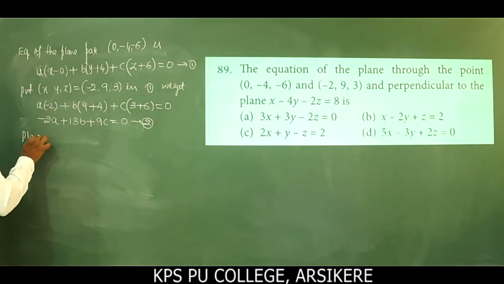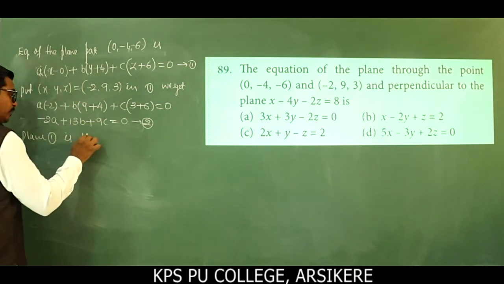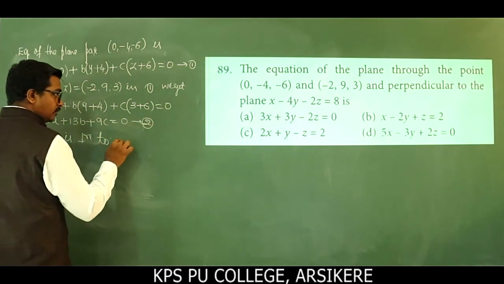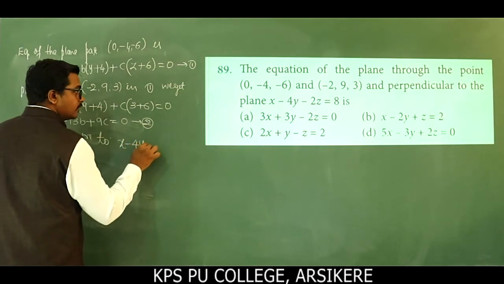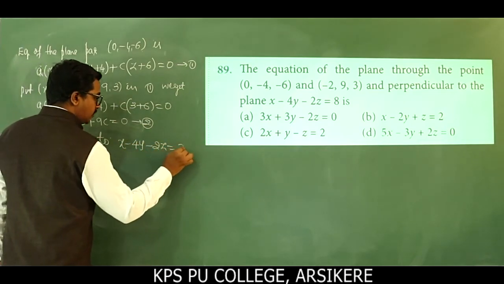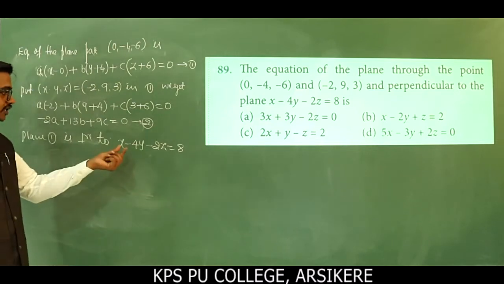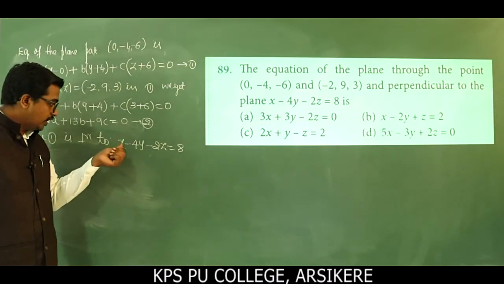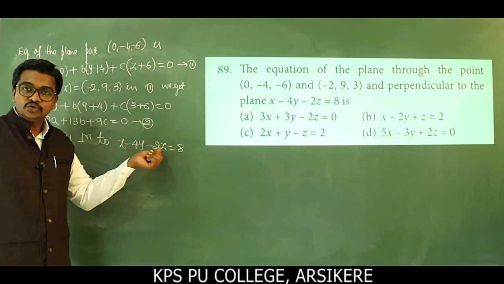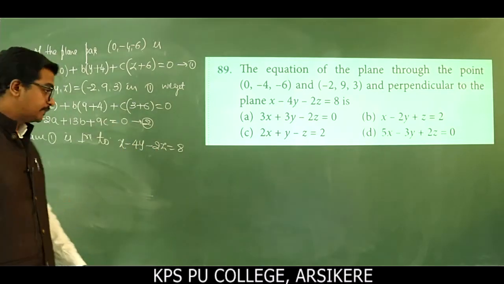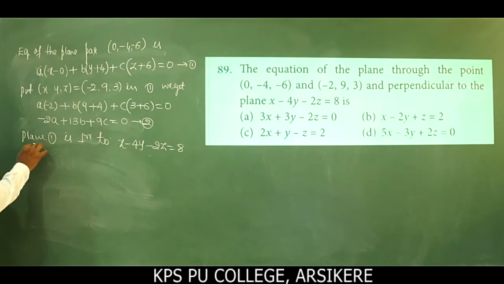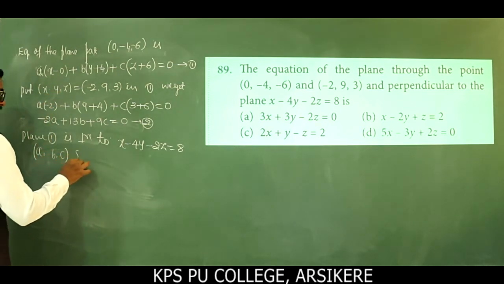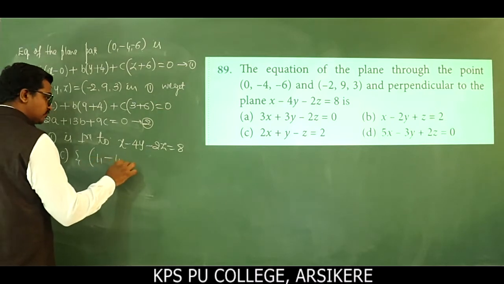The plane in the first equation is perpendicular to the given plane x minus 4y minus 2z is equal to 8. The direction ratios of the normal to this plane are just the coefficients of x, y and z, which are 1, -4 and -2. For the first plane we have a, b, c, and for this one 1, -4, -2.